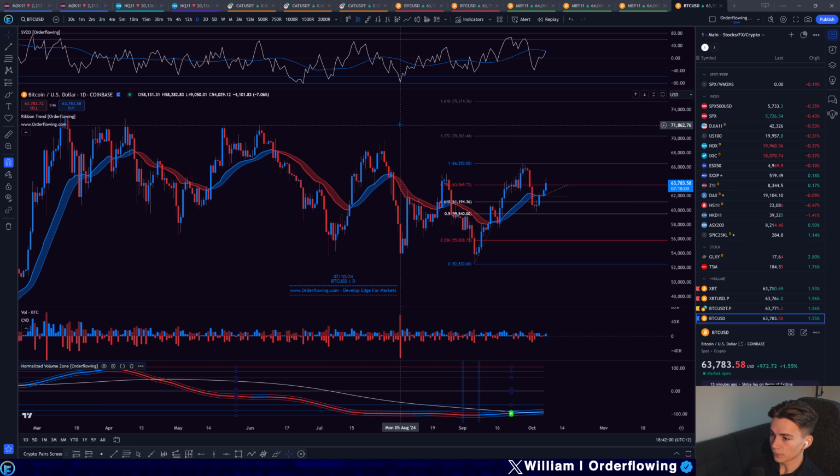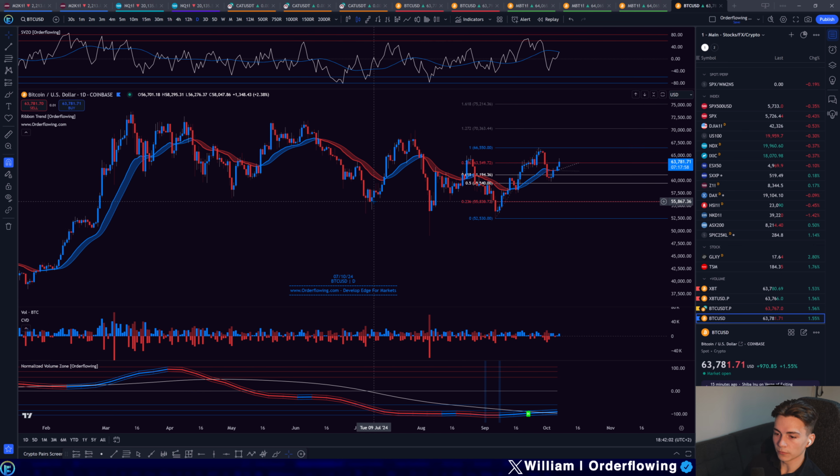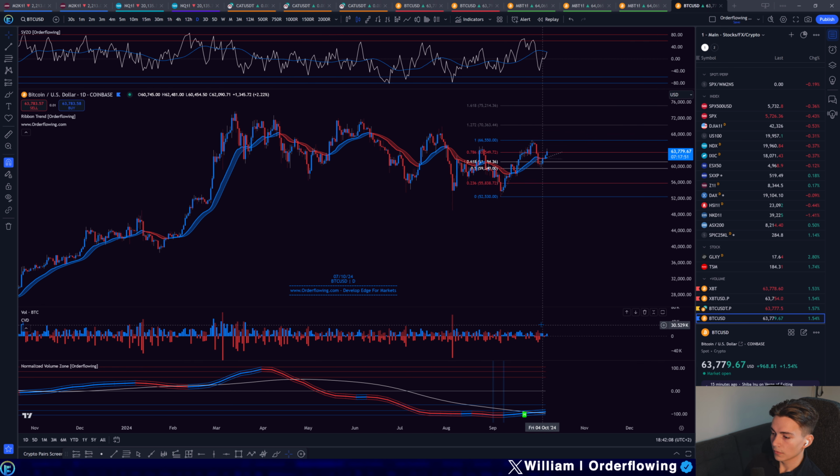If you want the higher time frame, the weekly, while looking at the daily chart, we can see here we actually had a hidden bullish divergence on the normalized volume zone.